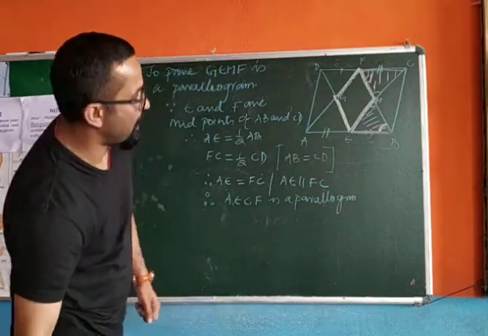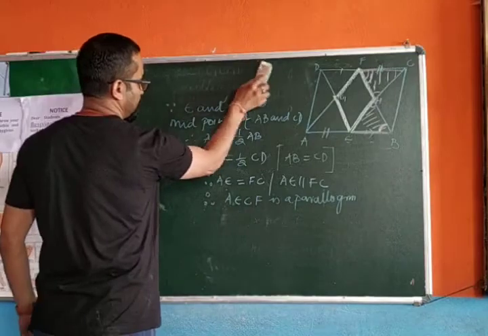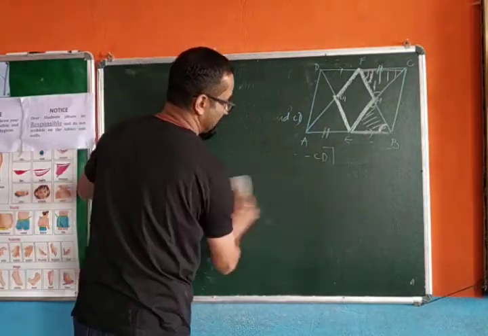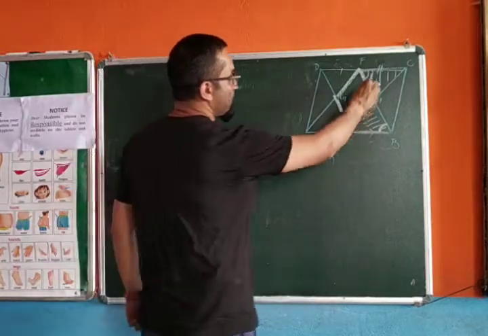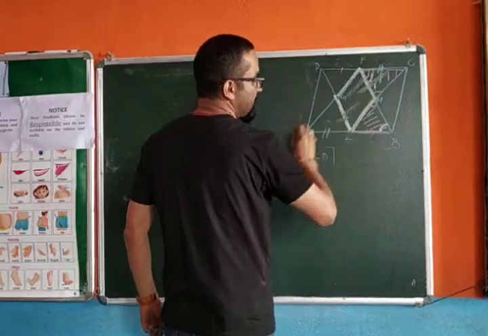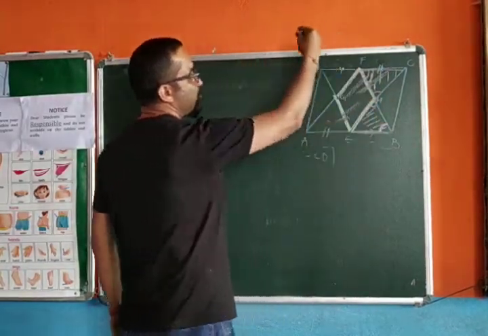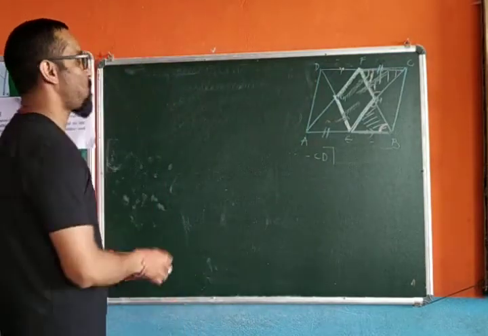Now look at this one. We got that this is a parallelogram. Similarly, we can take this one and prove it is a parallelogram.